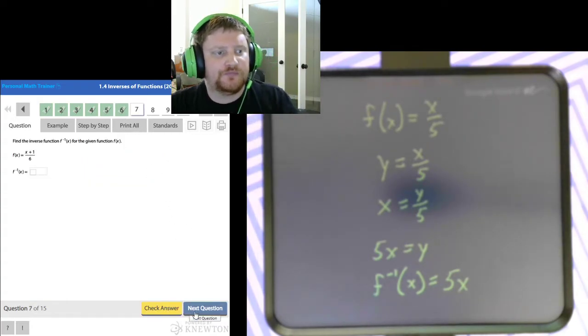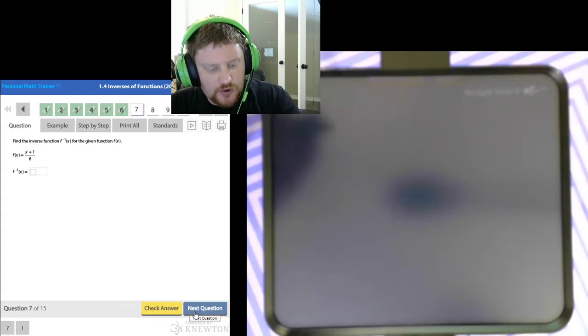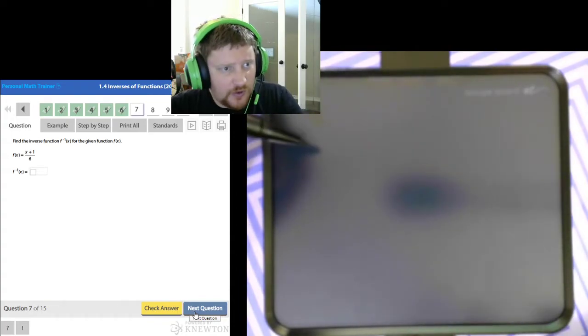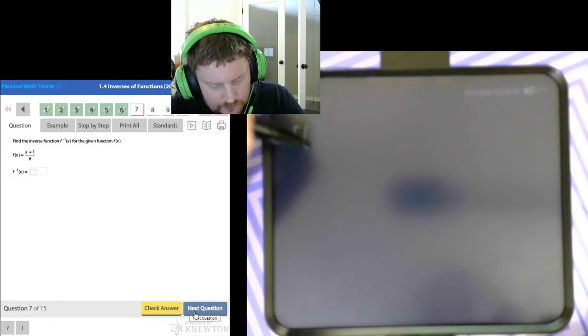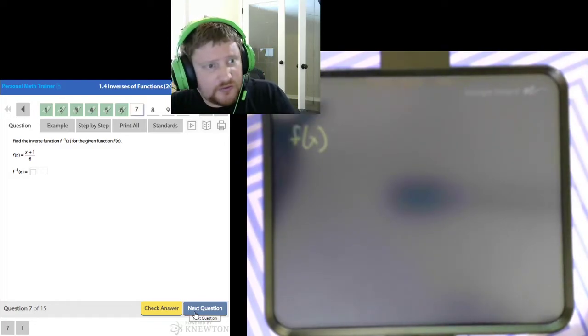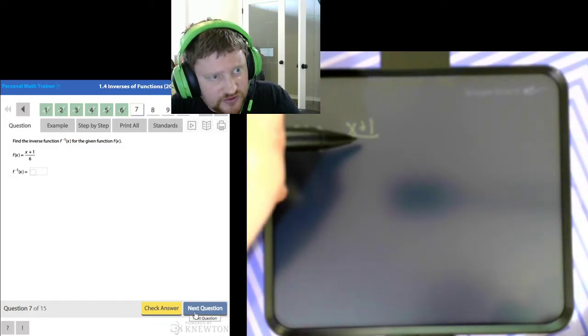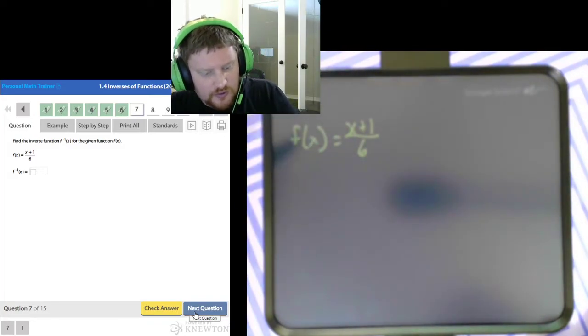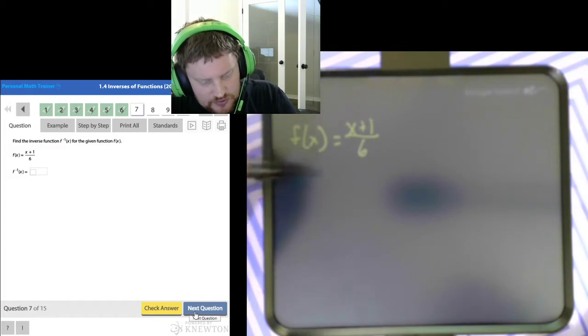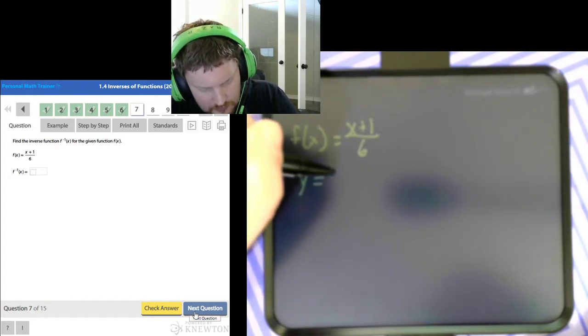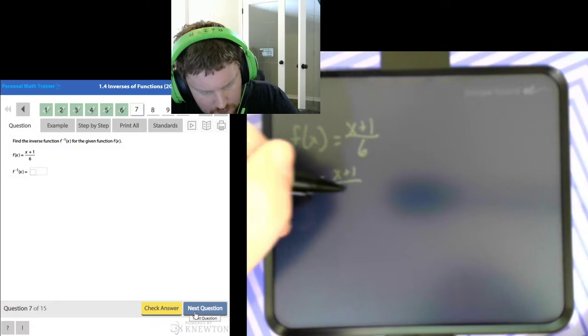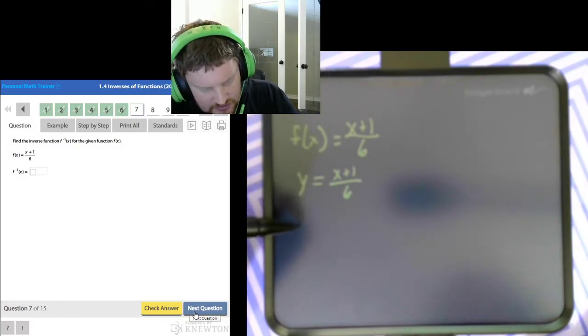Number 7. Same thing once more. So, f of x equals x plus 1 over 6. Change f of x to y. Change x and y.